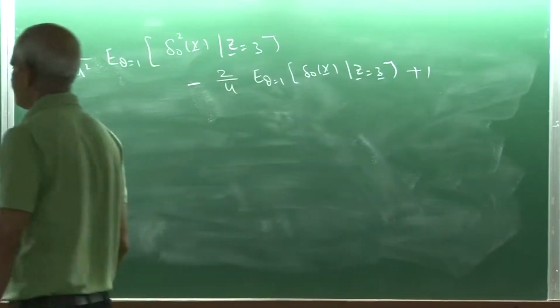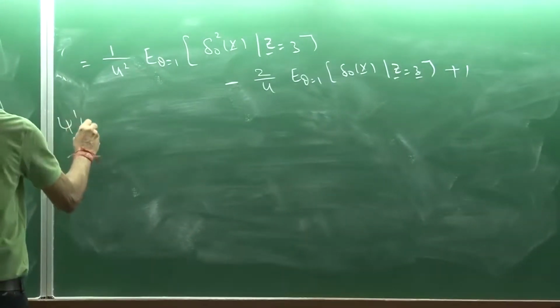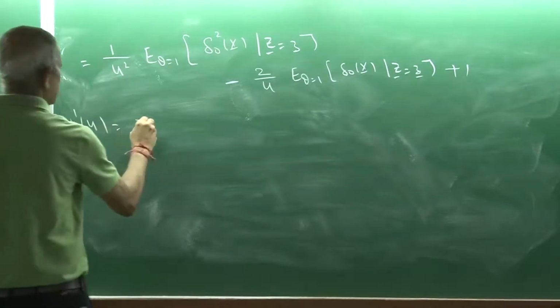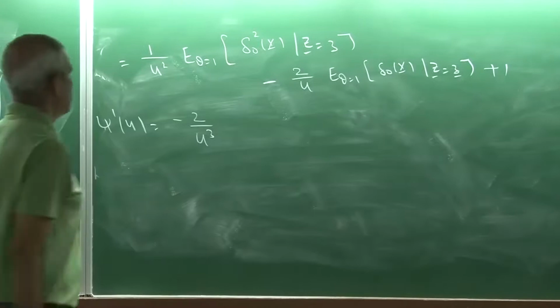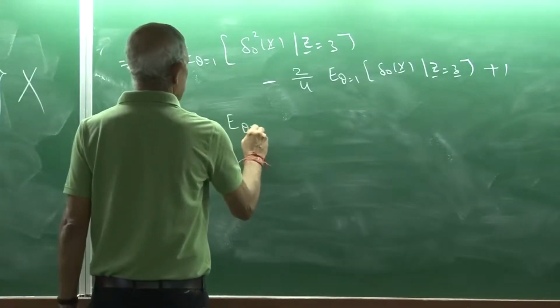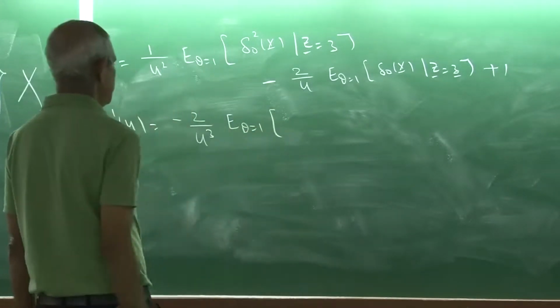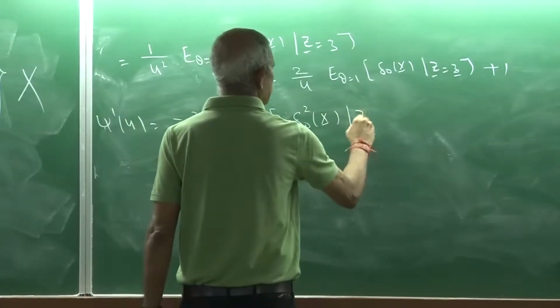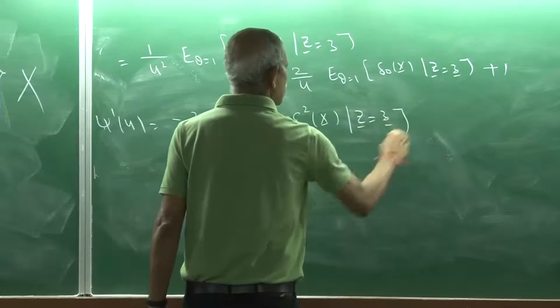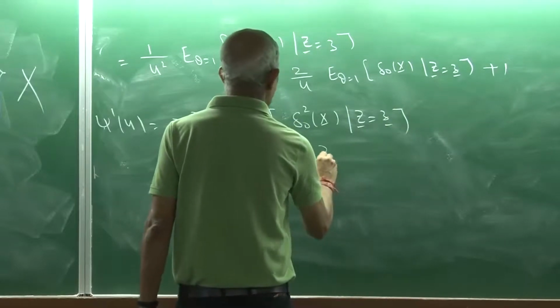Let us take the derivative. That becomes minus 2 by U cube E at theta equal to 1 of delta naught square x given Z equal to Z, plus 2 by U square.